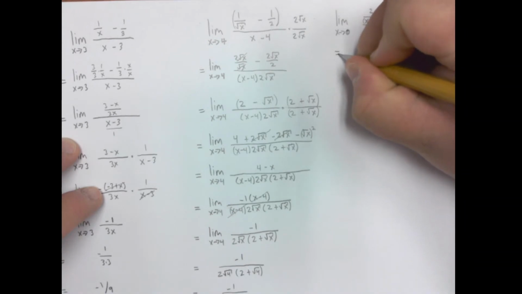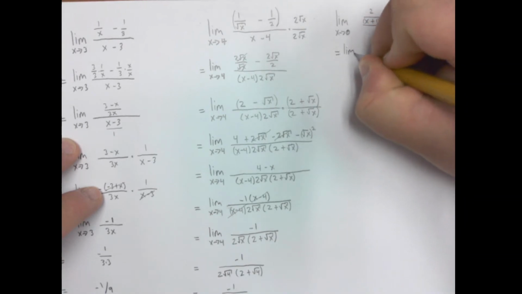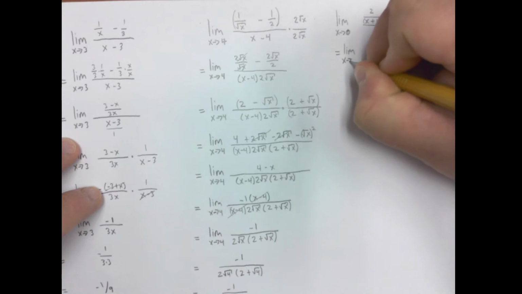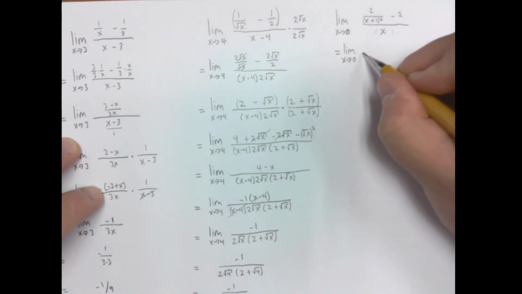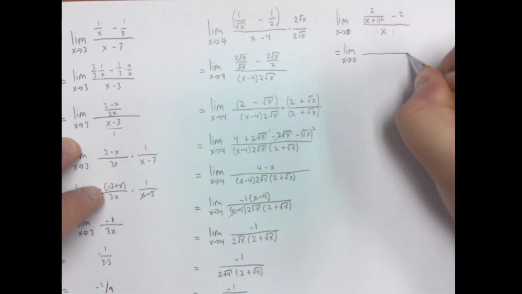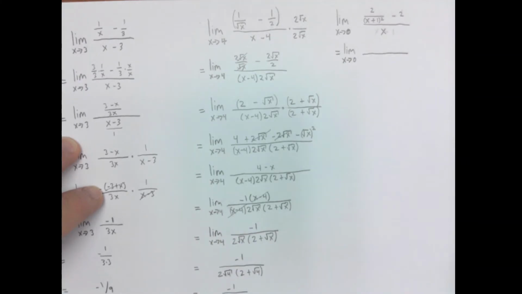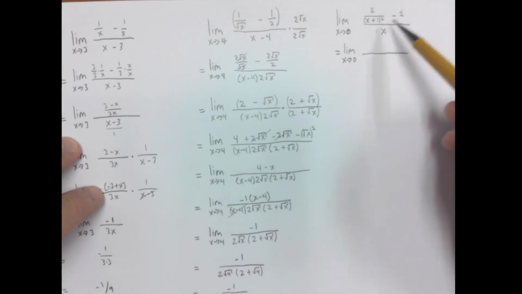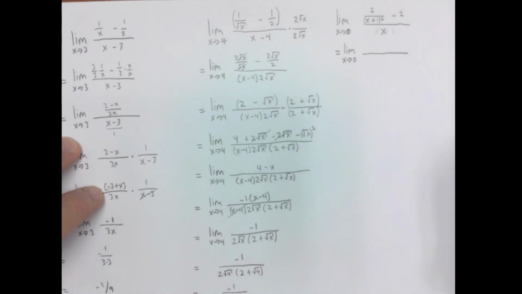So, equals the limit as x goes to 0. And let's see what we can do here. I think I'm going to use the same technique of multiplying by some expression over itself, a specialized version of 1, so that I eliminate the fraction in the numerator.